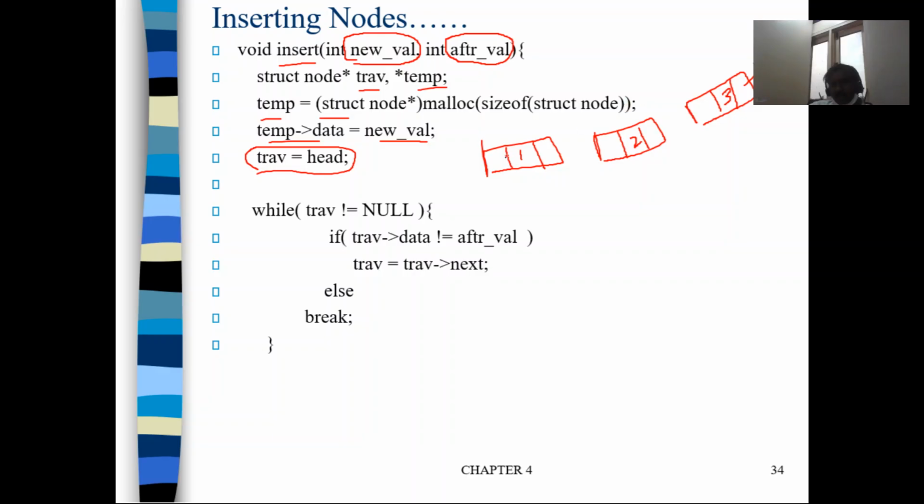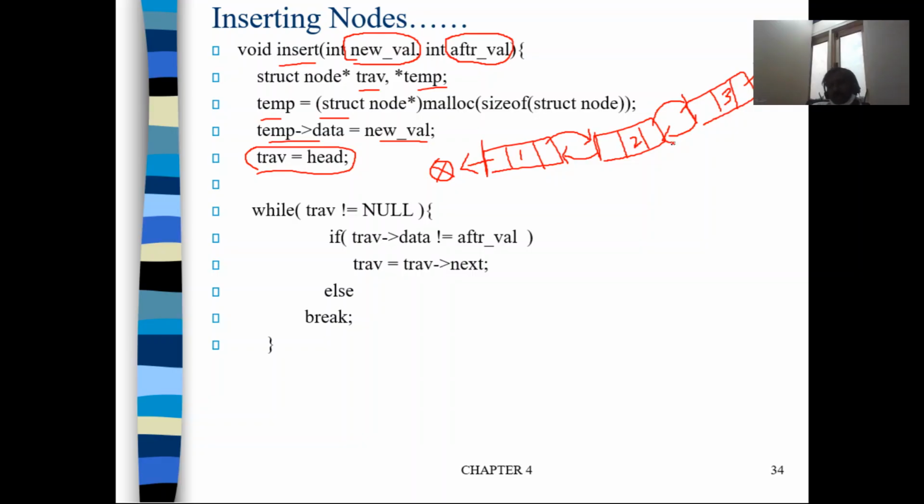And 1's previous will point to null because 1 is the first node. So 1's next will point to node 2, and 2's previous will point to node 1. 2's next will point to node 3, and 3's previous will point to node 2. So this is our linked list so far.